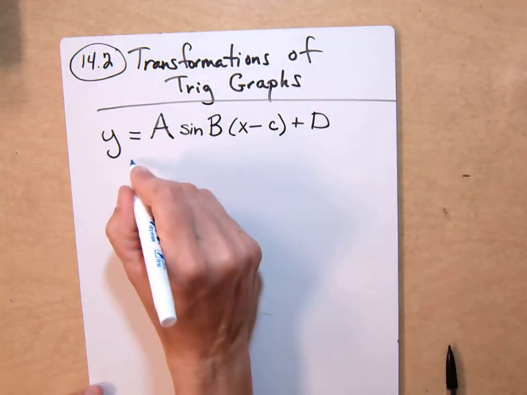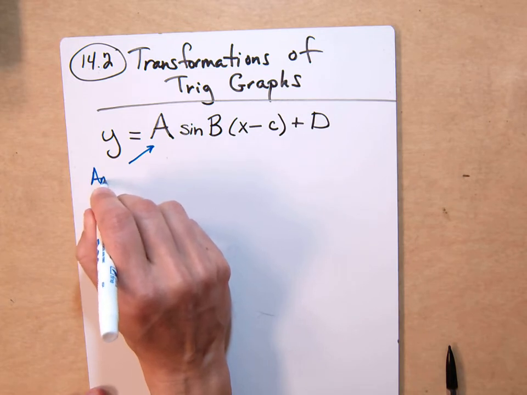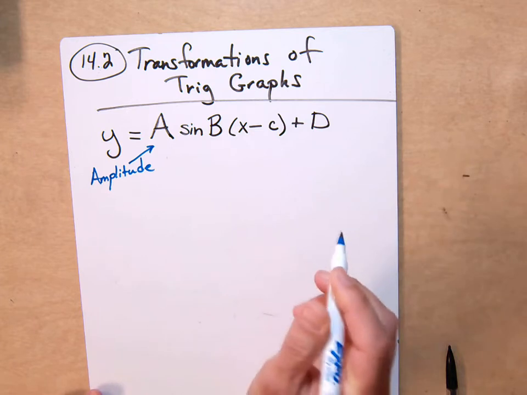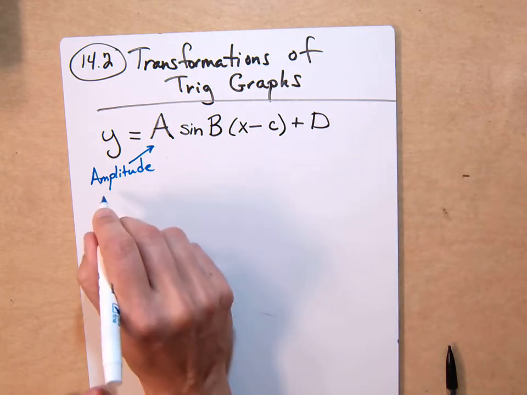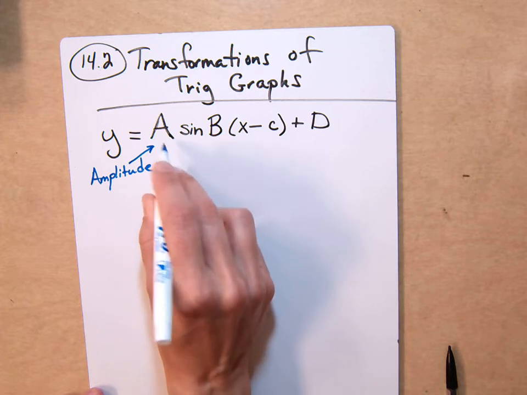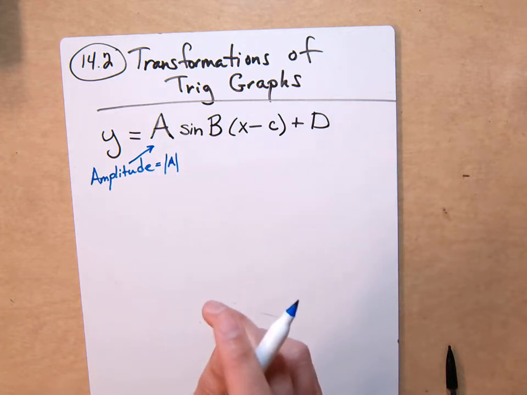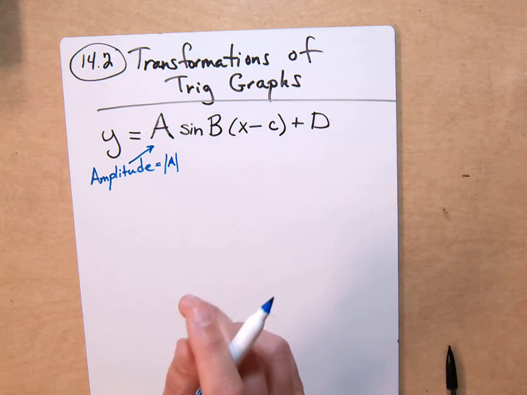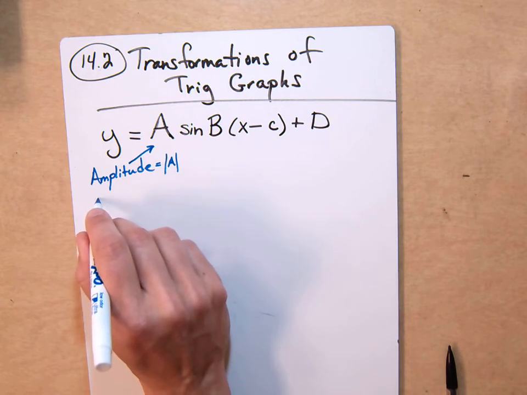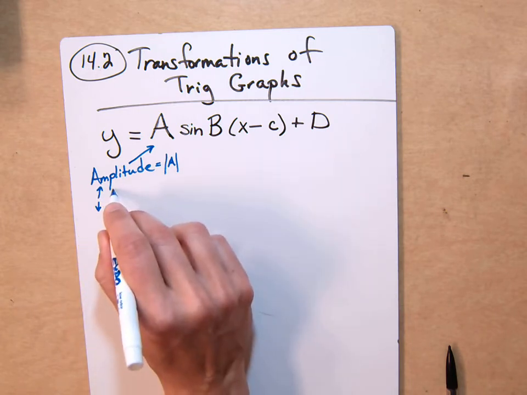So A is handy because that stands for the amplitude, which also starts with an A, which is very nice. You basically take the absolute value of this constant A, and that will give you the amplitude, which is like the wave height from the middle to the top. That tells you the highest and lowest point.